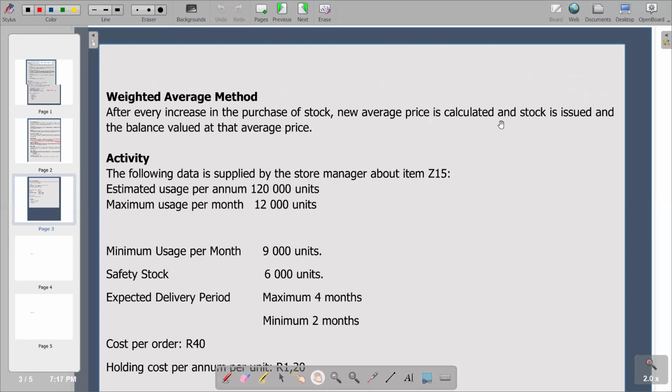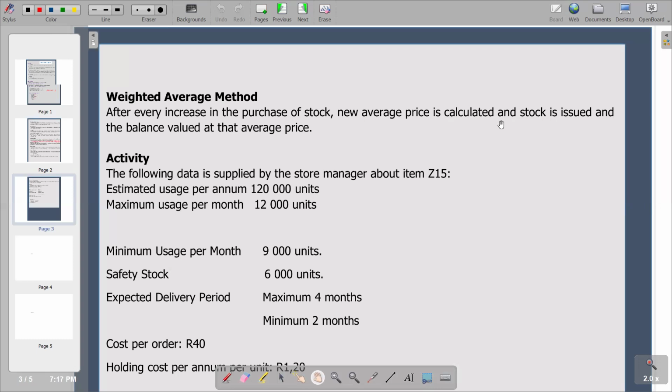That new average per unit is now used to value the stock currently in stock. On weighted average, it's a continuous process whereby the weighted average per unit is calculated throughout the financial period.